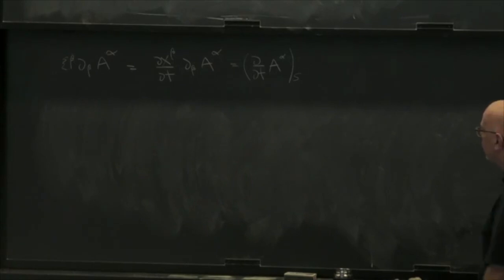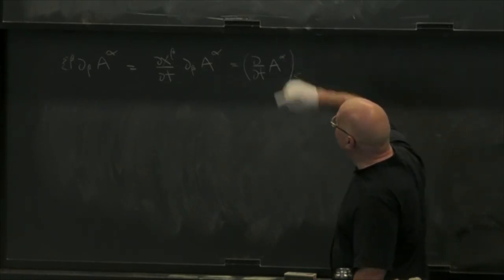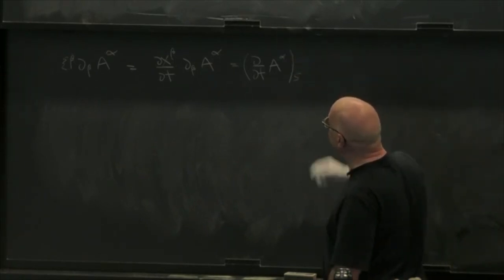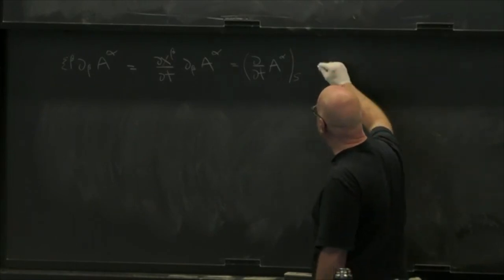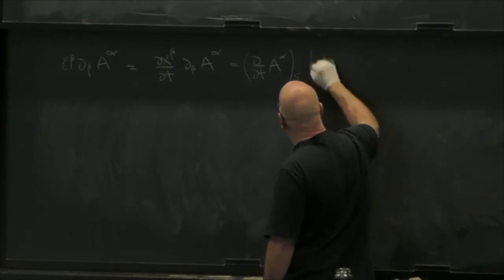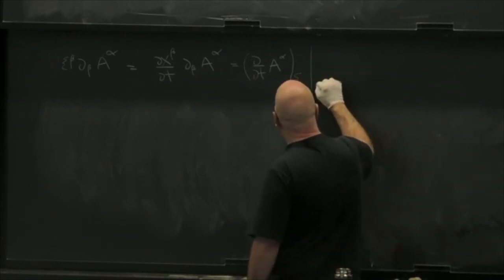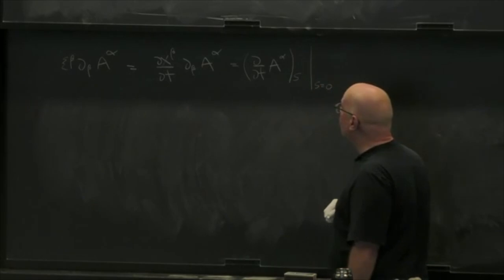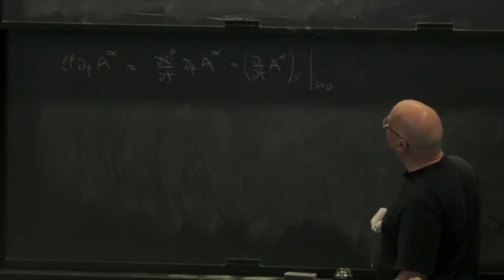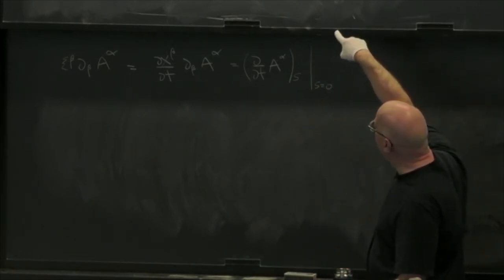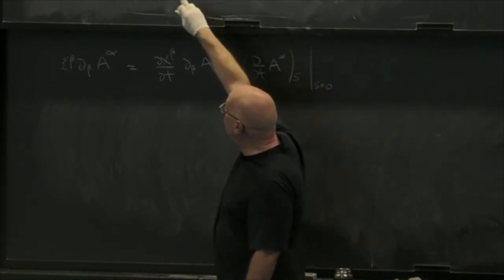So that's something we can calculate because we have our vector field A expressed in the form where we can actually differentiate. And the other thing that I should have said is that all of this will be evaluated at p. So we're going to evaluate this at s equals 0. And if we do that, then if we take the derivative of A with respect to t, we get p.